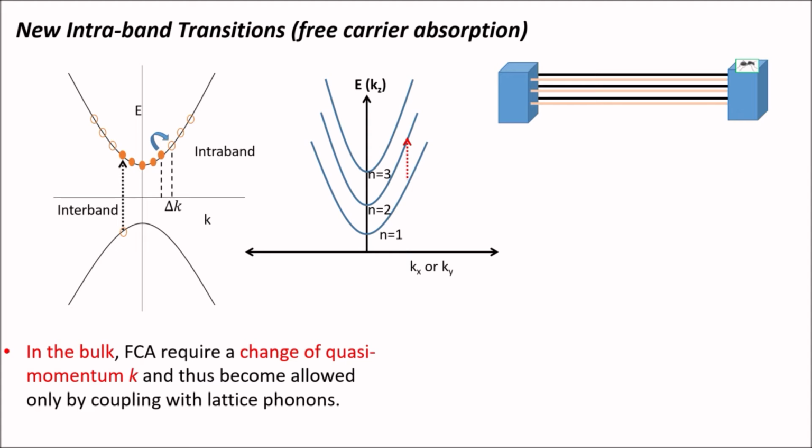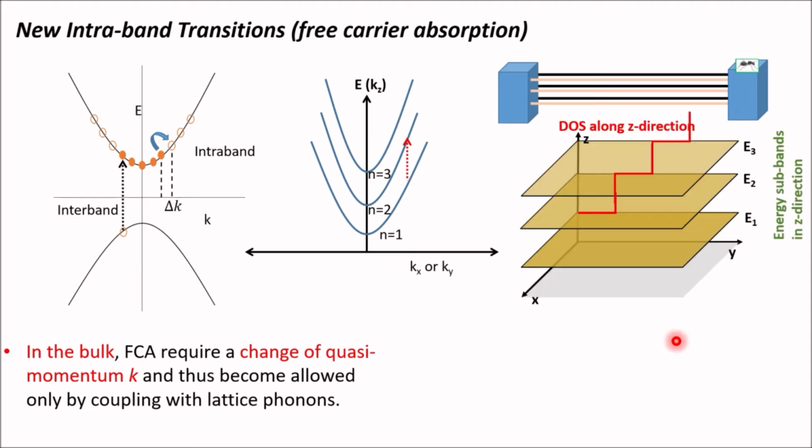A similar picture can be imagined for two-dimensional quantum structures like this along the direction of confinement. Instead of strings, now you can imagine that the two-dimensional quantum structure consists of a few plain sheets. Each one is separated from the others by a finite gap between them.